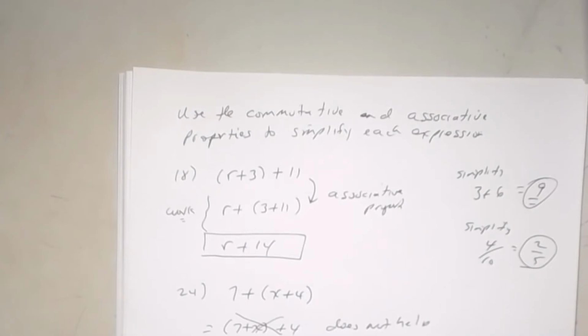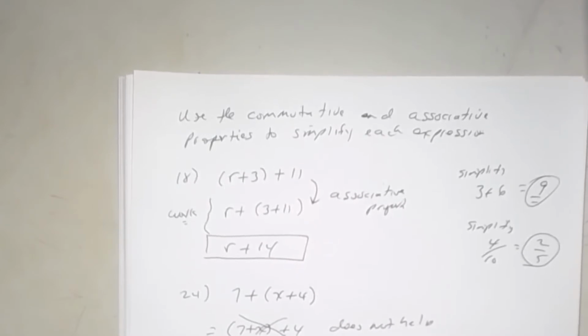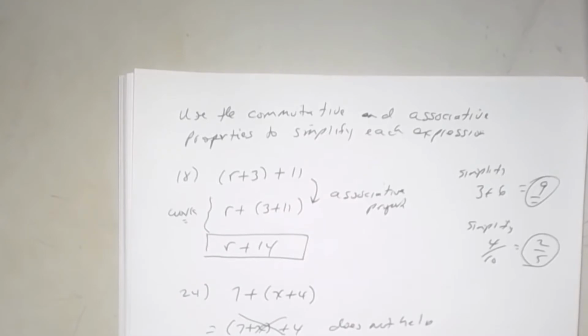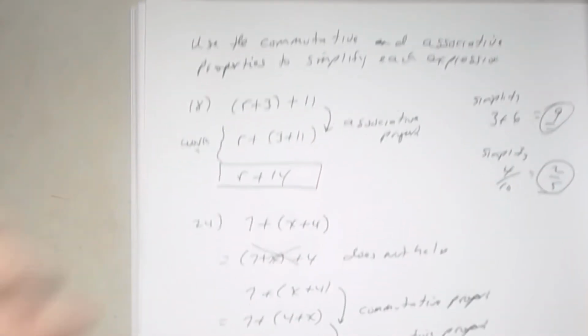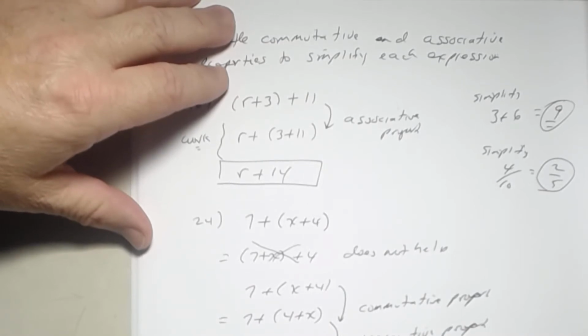Now can I use the associative property? In other words, can I group the first two terms here? Yes. So now going from here to here and use the associative property. You're going to say in parentheses 7 plus 4 and then plus what? X. And then 7 plus 4 is 11. So your answer will either be 11 plus x, or you could say what?